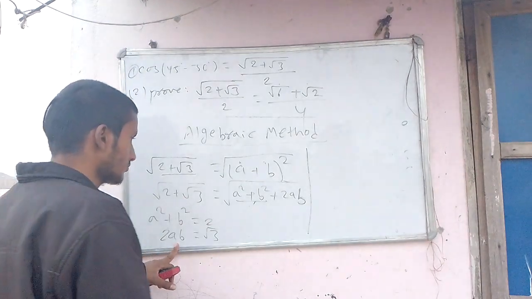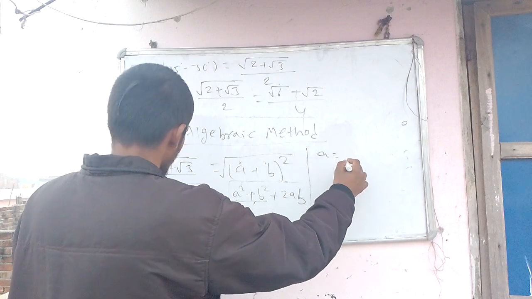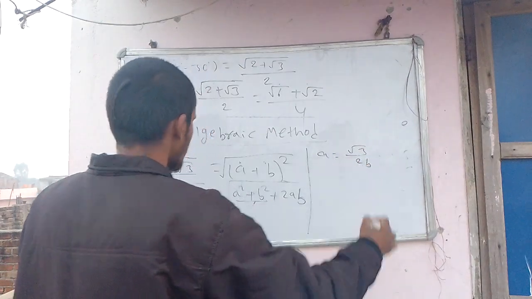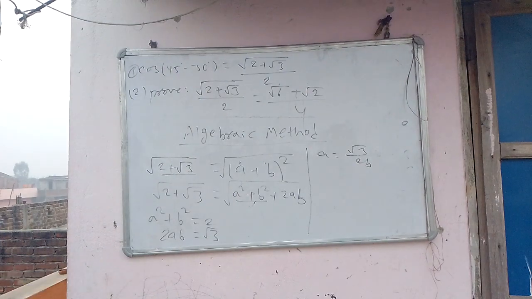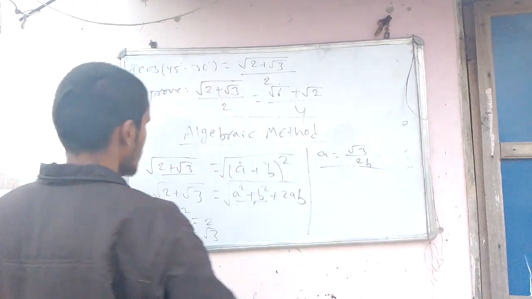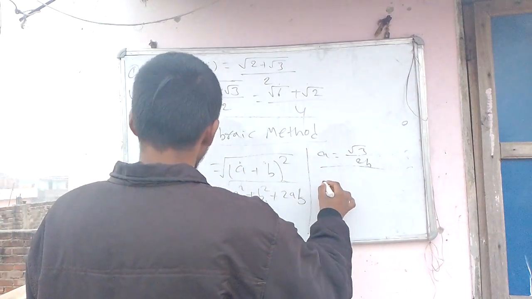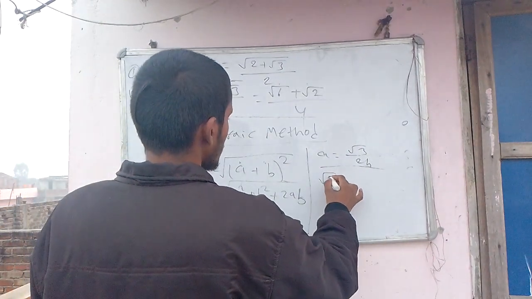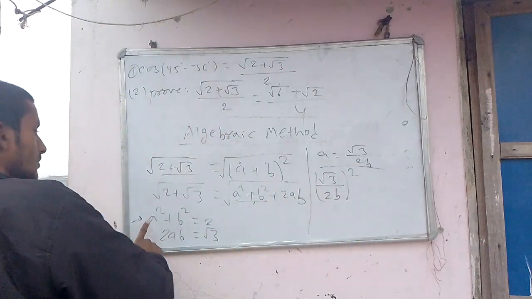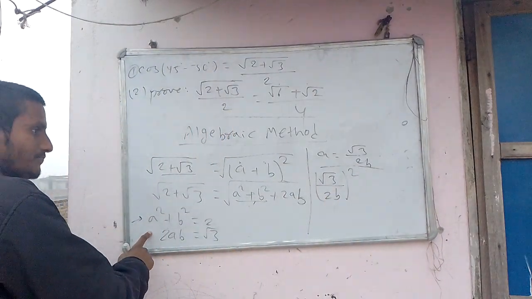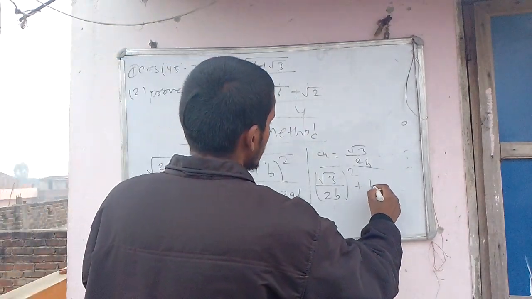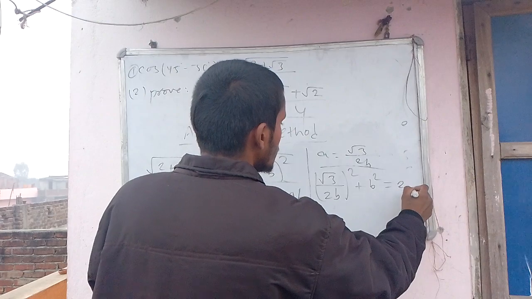If you solve for a here, then a will be equal to square root of 3 over 2b. Does that make sense? This is what a is. Let's plug this into this equation. So if we plug this in the first equation, we're going to have square root of 3 over 2b whole squared, which is a here, plus b squared, which is equal to 2.